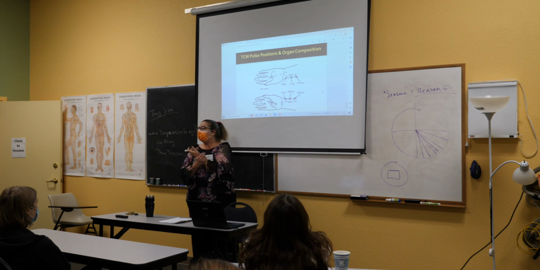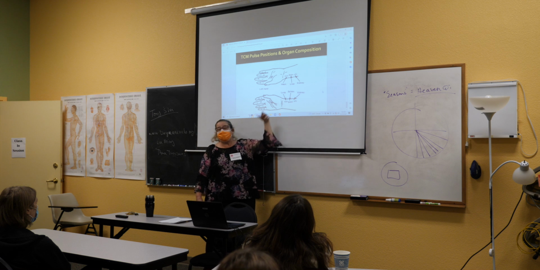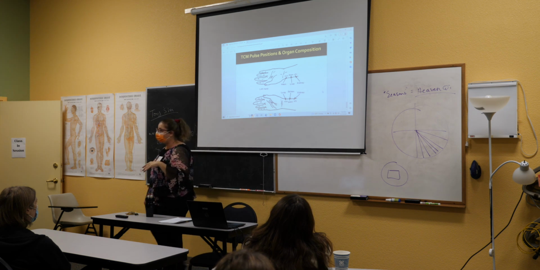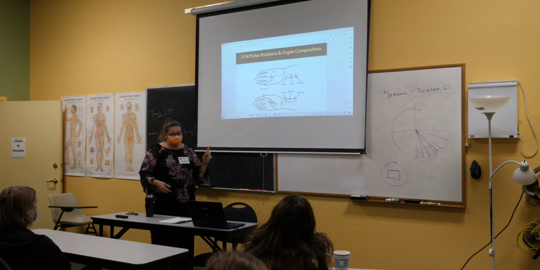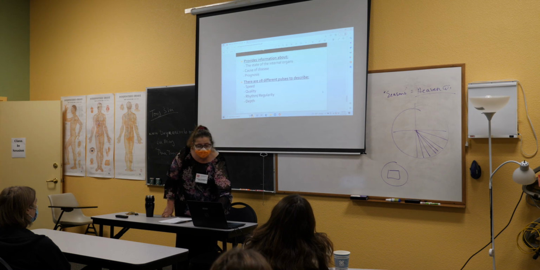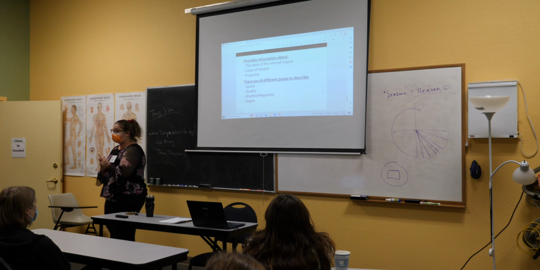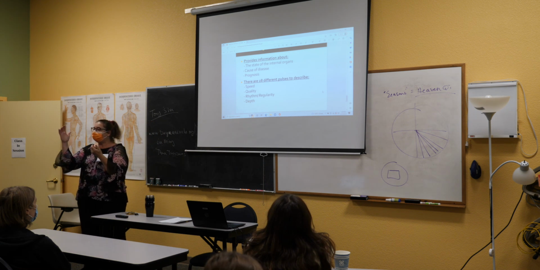And then the last proximal, so closer to the body, will be the kidney, either the kidney yang or the kidney yin. So we look at these things, we put our fingers, and it tells us the condition of the different internal organs.